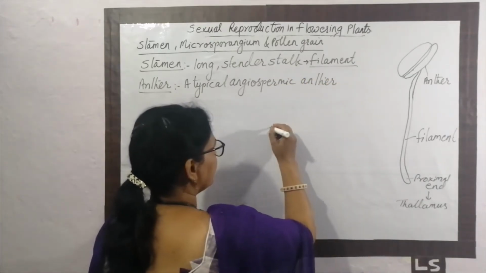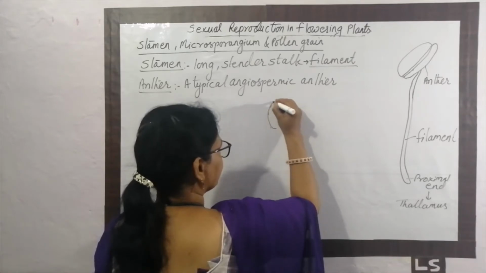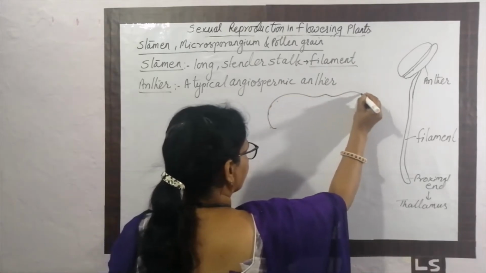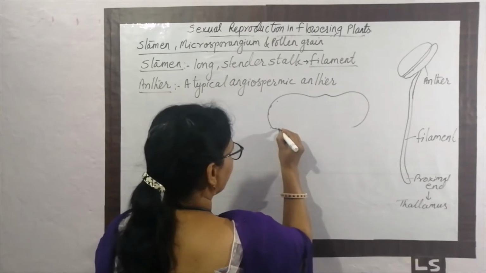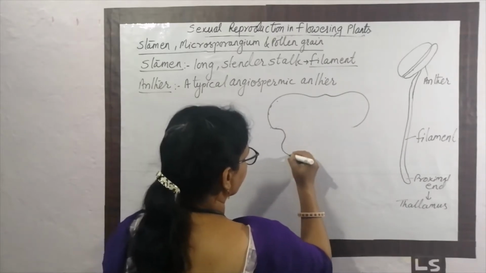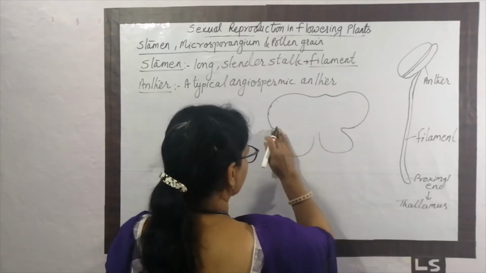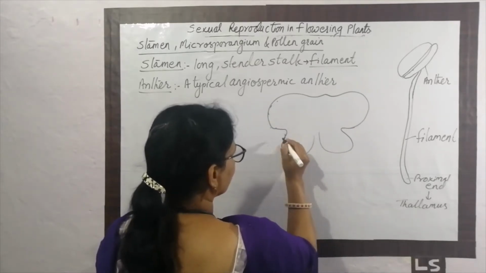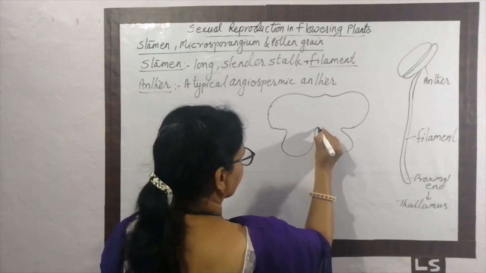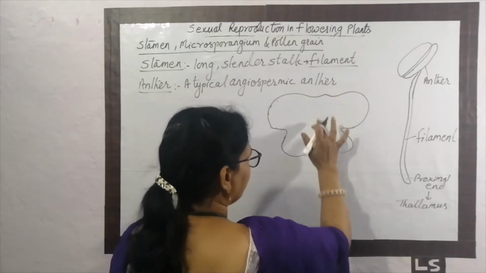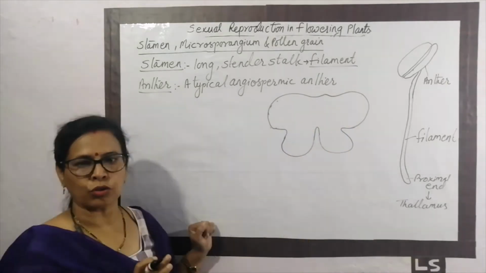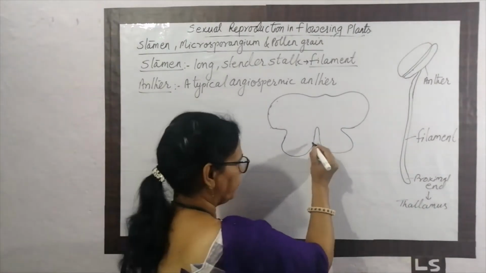A typical angiospermic anther is composed of 2 lobes.